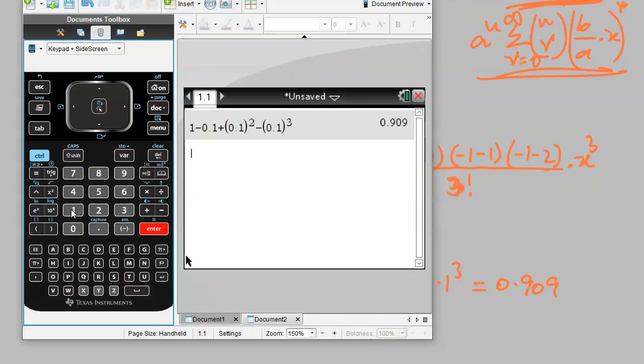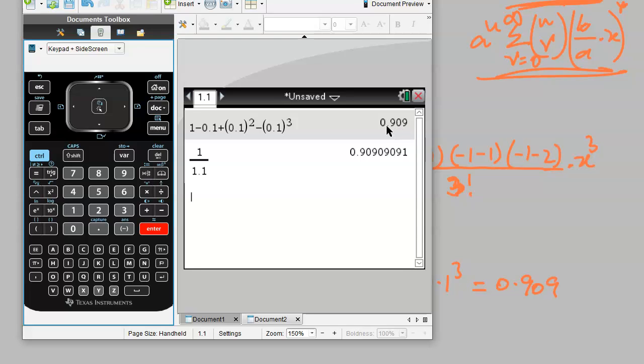So if we try to get the value of 1 divided by 1.1, it is 0.909090, so it is 90 recurring.